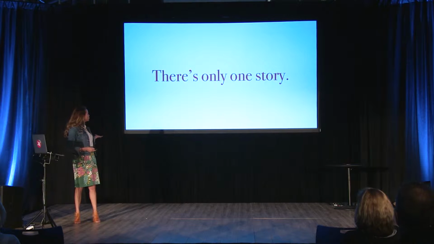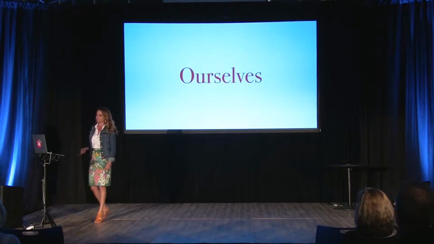And the story can have convergent components where we begin to understand what we have in common with other people. But it can also be a divergent story where it takes us in a whole new direction where we understand others. But all these stories, whether it's a musician playing his guitar, an artist painting on a palette, or a writer writing a novel, it's all about the same story, and that story is about ourselves.